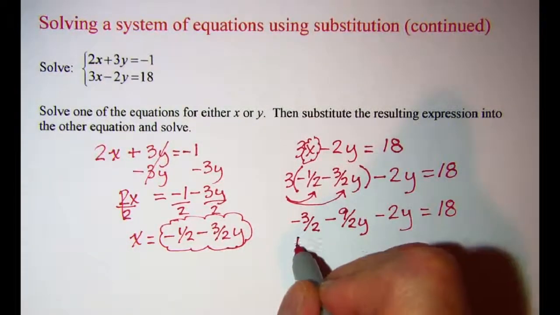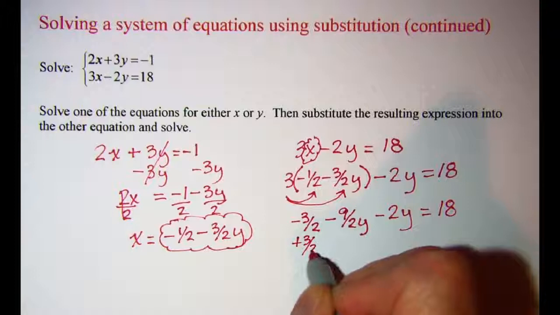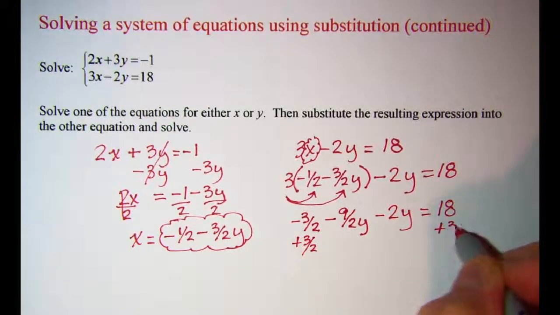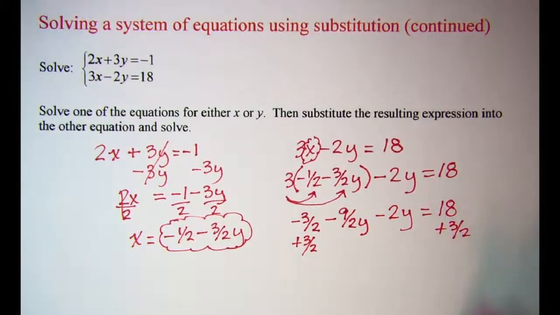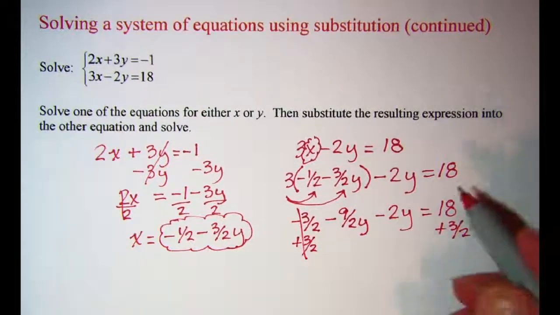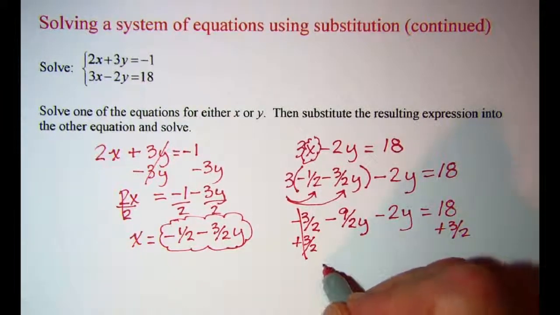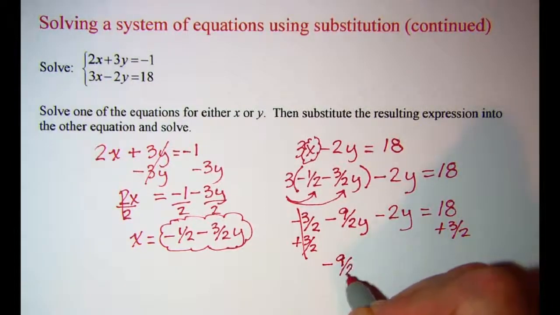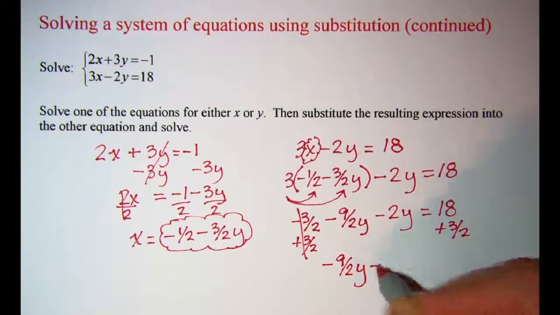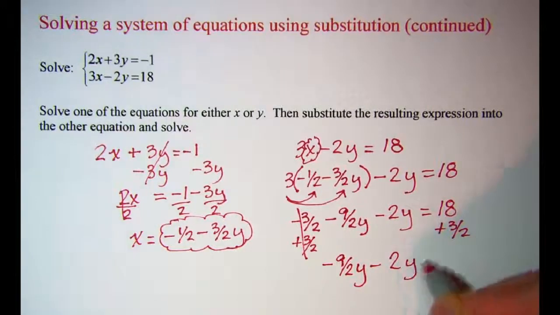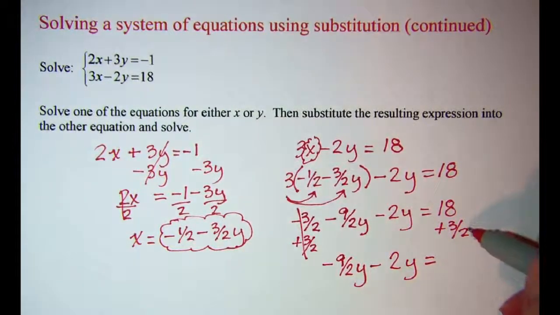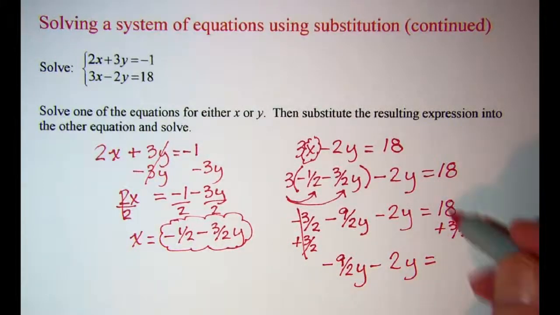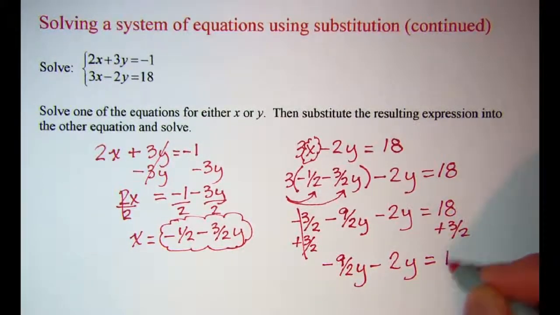Let's add 3/2 to both sides. These will cancel. And I have -9/2 y minus 2y equals, see, 3/2 is the same as 1/2. So this, when I add these together, will be 19/2.